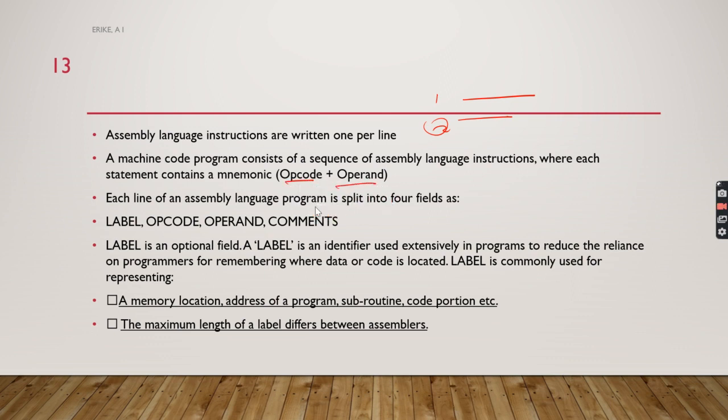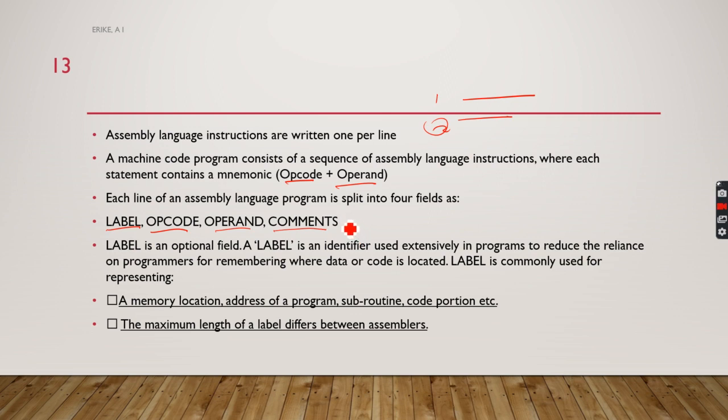Each line of an assembly language program is split into 4 fields. Not all fields must be there, though. Number one is the label, then you have the opcode, the operand, and then the comments.